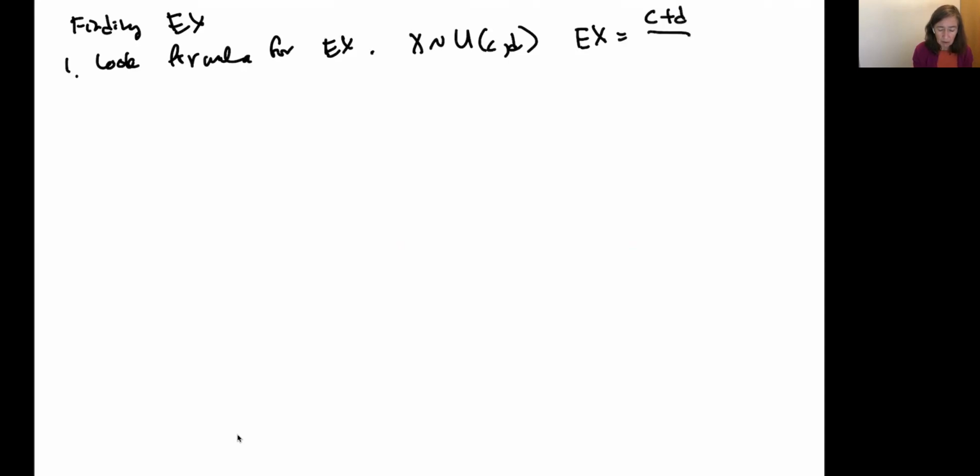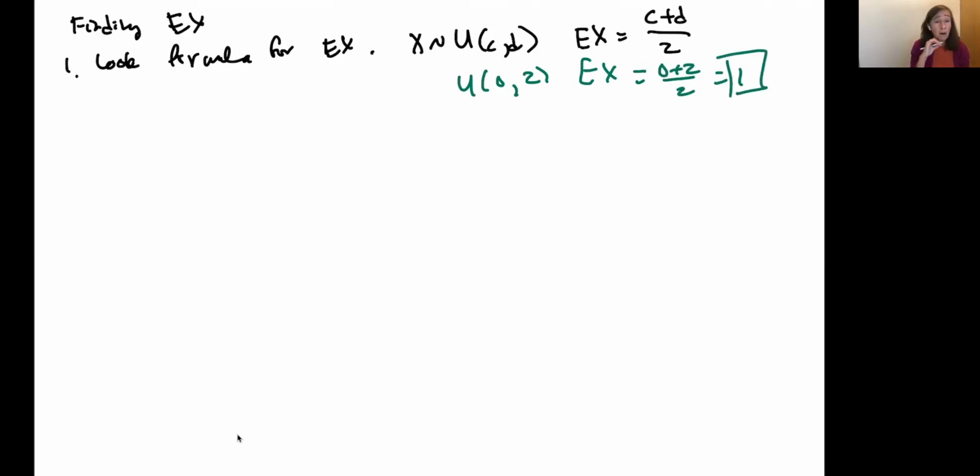Okay, it's (C plus D) over 2. So for our particular case where it's uniform on 0, 2, the expected value is (0 plus 2) over 2, it is 1. Nice.